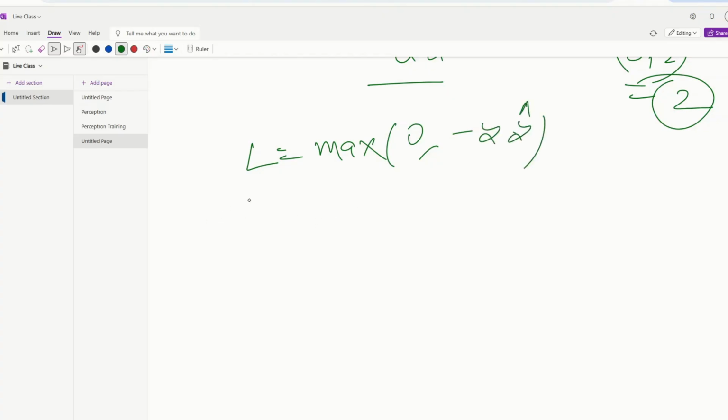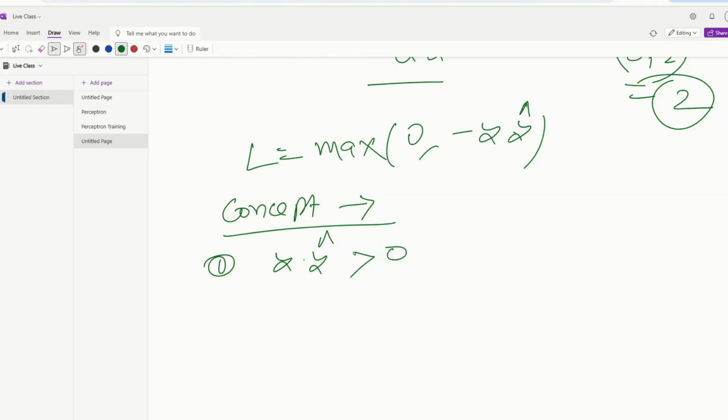The concept that I want to build in your mind, concept number 1: if y into y predict is positive, in this case there is no error. And if there is no error, then the conclusion is that loss is equal to 0. If there is no error, there is no loss, right?